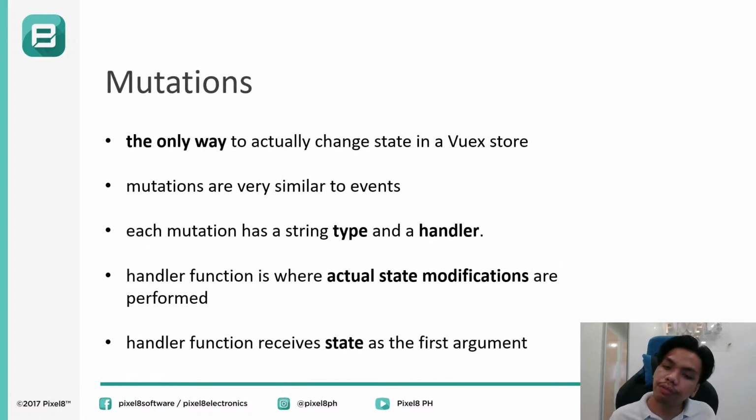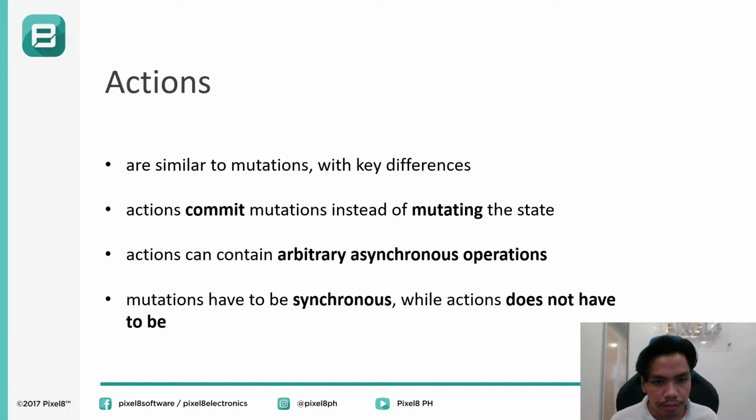So for every mutation you have access to the state itself, allowing you to modify whatever the state may be, because mutations are the only way to modify the state. If you do it any other way, Vue is going to throw an error at you regarding mutations.